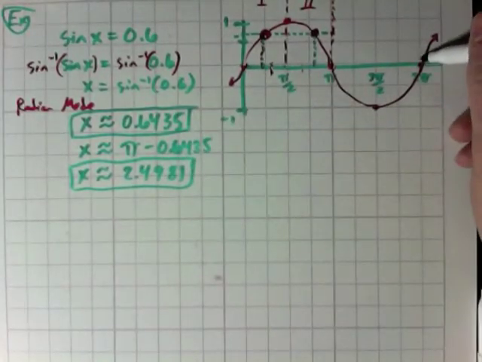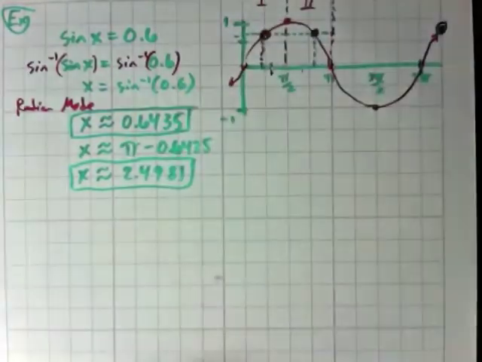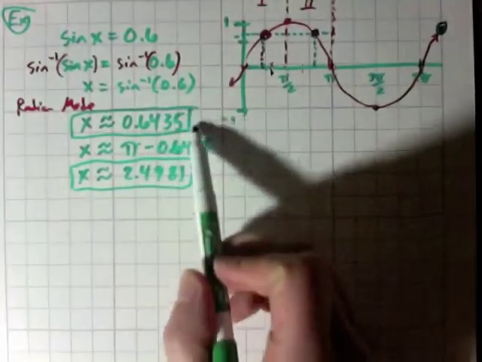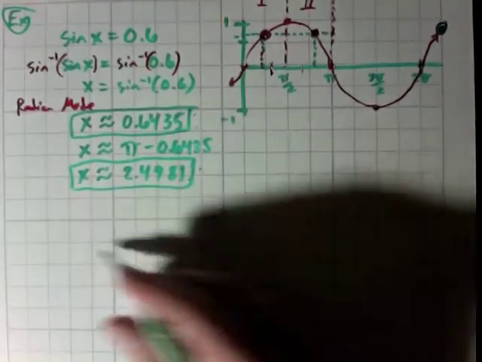But what about beyond a single period? We would also have it occurring in the future, right? And also in the past on the x-axis. So the way I could figure out that is, let's determine what the coterminal angles for those would be.